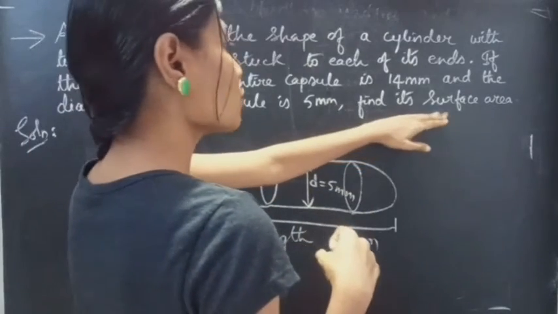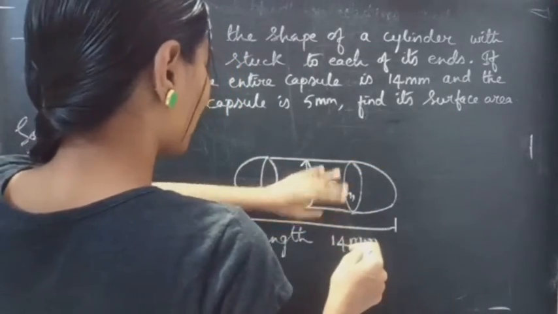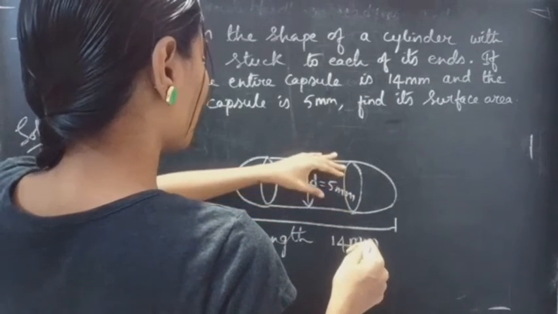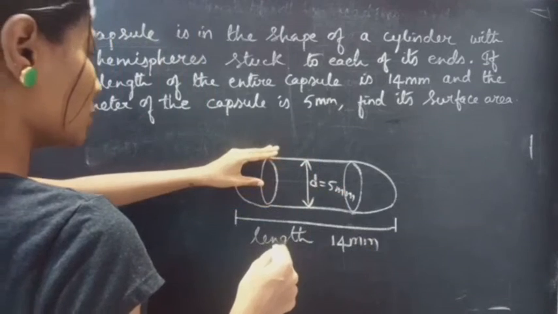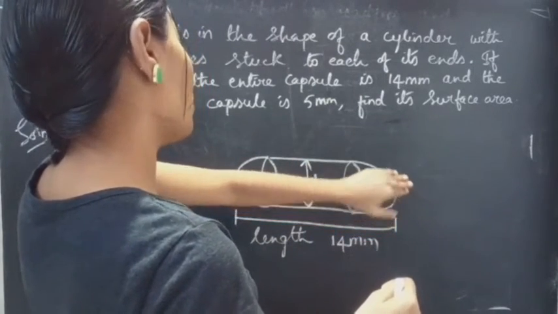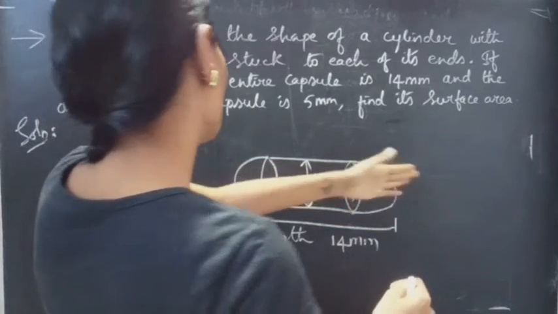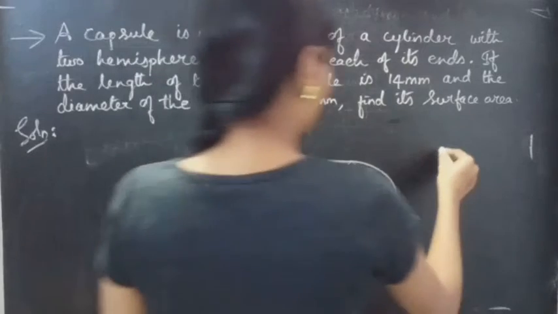Then we are asked to find its surface area. So surface area of the capsule is the curved surface area of the cylinder plus the curved surface area of the hemisphere at one end and the curved surface area of the hemisphere at the other end.